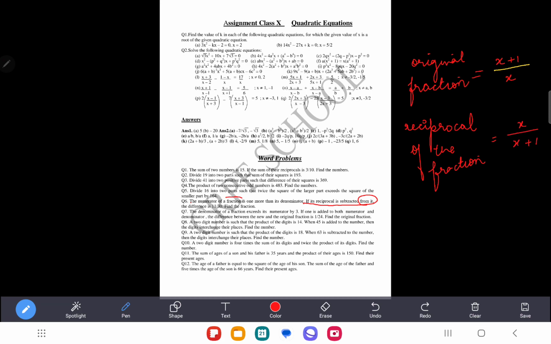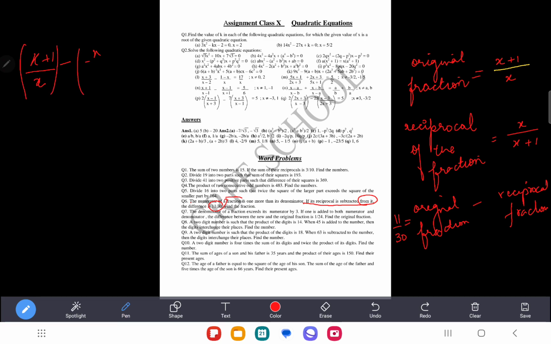If you subtract the reciprocal from the original fraction, you get 11 over 30. So can I frame the equation as the original fraction x plus 1 over x minus x over x plus 1, and that shall be 11 over 30.